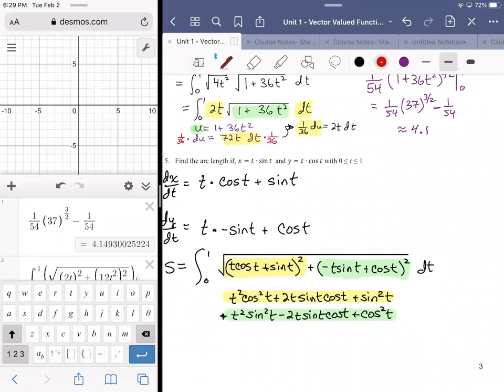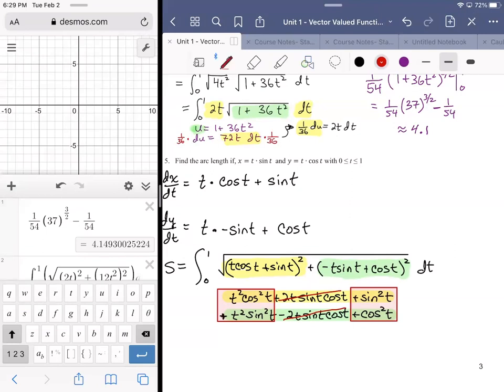Like, for example, these two are exact opposites. We got a Pythagorean identity here, and kind of a Pythagorean identity over here. It'll actually turn out that it'll involve a Pythagorean identity, but we got to do a little bit more work to get there.